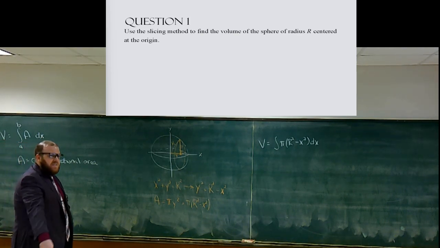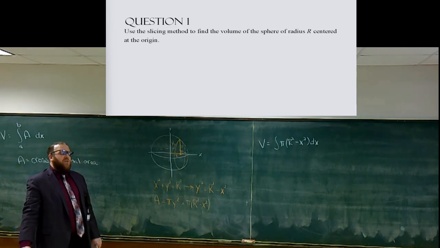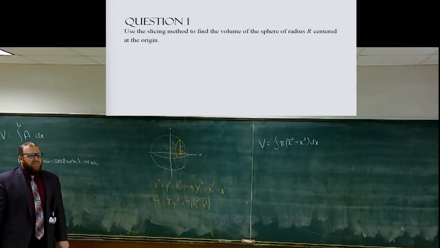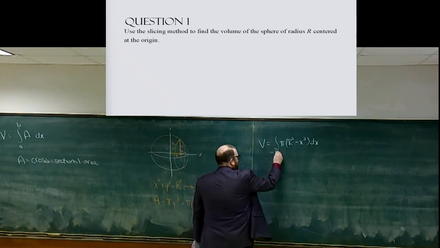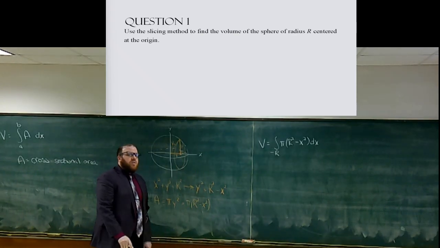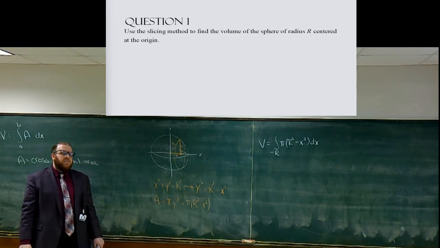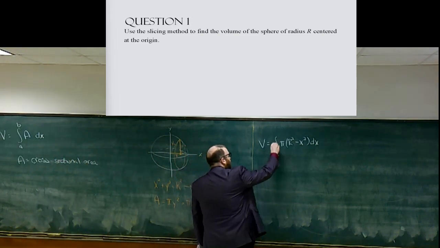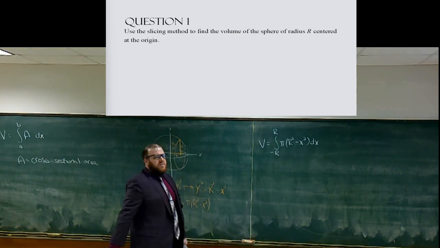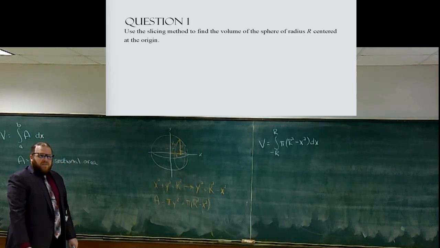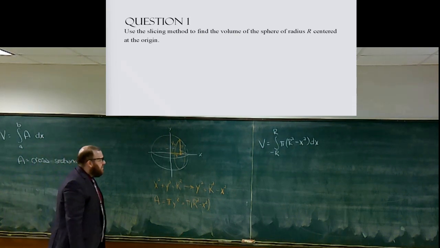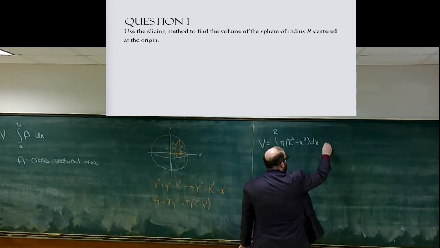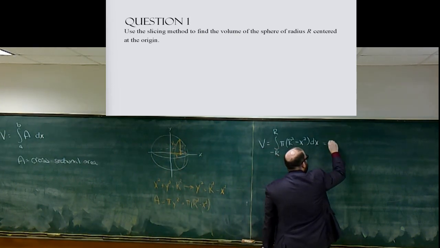Now, what is the smallest value x can take on? Minus r. And what's the largest value? R. There's the volume, which has to be evaluated. Well, that pi is constant.